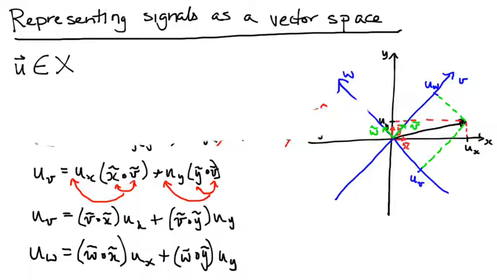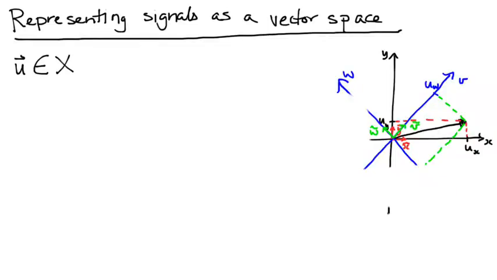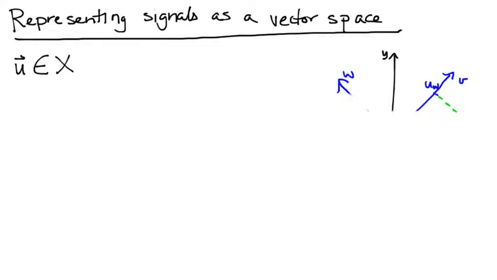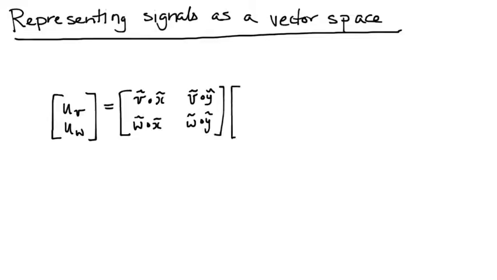Let's sum up everything that we have learned up to now, and a matrix. Give me a second to erase all of this here. I can erase that too. We can say that the vector u, oh, I missed the vector u at the beginning. I will put that in just now.